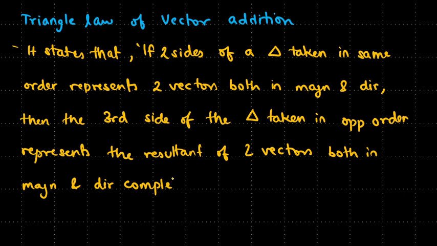So if you just check out the definition or the statement, you will be very confused if you're like me. So to understand this much more clearly, I think a visual representation will be much better. So let's see. If two sides of a triangle taken in same order represents two vectors both in magnitude and direction. So let's first of all do this. Let's say I have a vector.